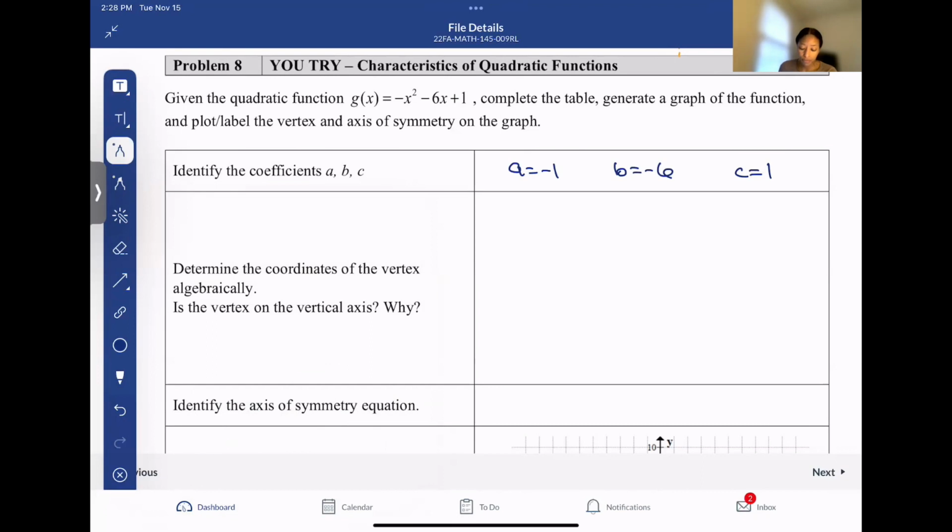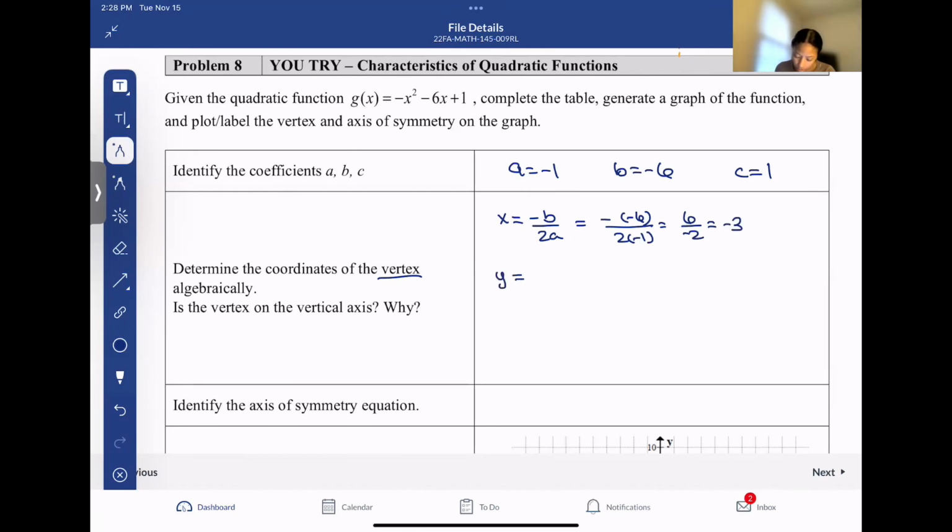Determine the coordinates of the vertex. X is going to be equal to negative b over 2a. That's negative 6 over 2 times negative 1. So that's 6 over negative 2, which gives us negative 3 for the x-coordinate.